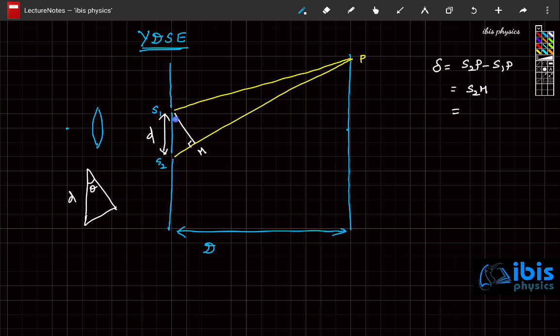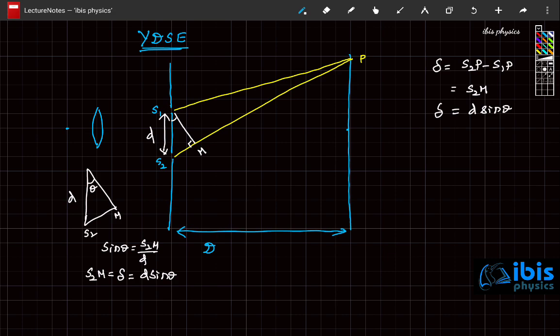If you assume this angle as theta, this distance will be the opposite side. So S2M is the opposite side. So sine theta equals S2M by d, or S2M, which is called the path difference, is equal to d sine theta. So the path difference delta equals d sine theta.